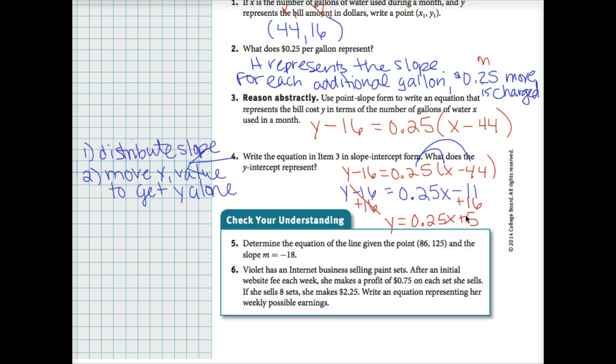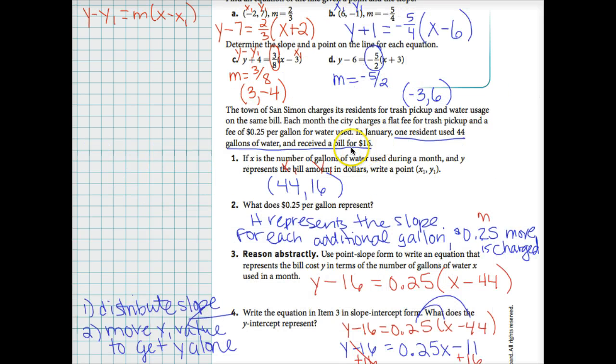It asks what the y-intercept represents. Remember that x is 0 at a y-intercept. And here it says that x represents the number of gallons of water used.